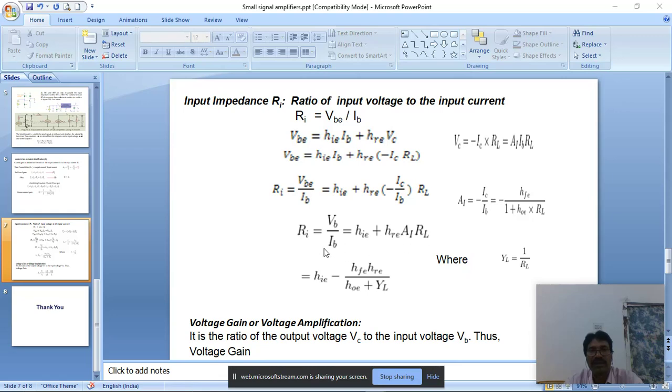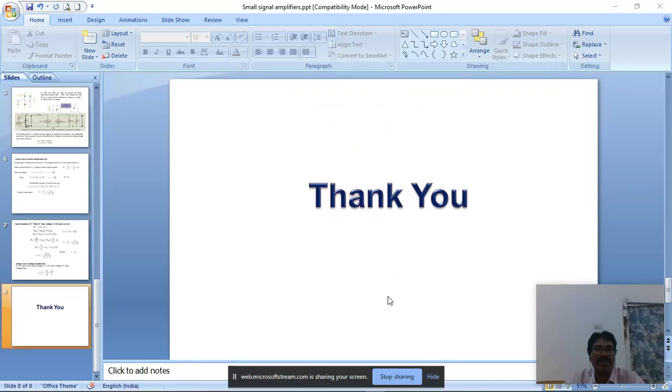The modified equation is Ri equals HIE plus HRE AI into RL. But AI equals minus HFE divided by 1 plus HOE into RL. Substituting this, the modified equation for input impedance is Ri equals HIE minus HFE HRE divided by HOE plus 1 by RL.